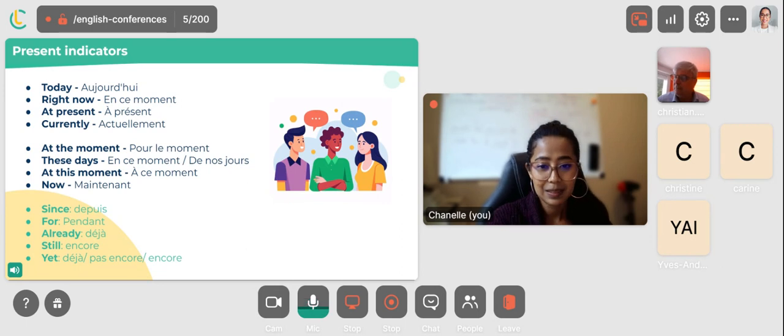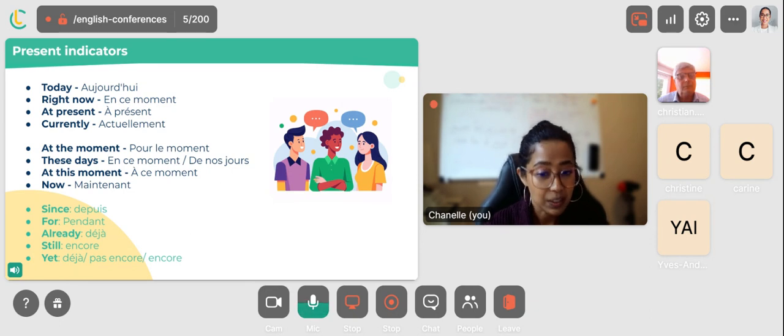Present indicators: today, right now, at present, currently, at the moment, these days, at this moment, now, as well as the ones that I have mentioned before at the bottom.